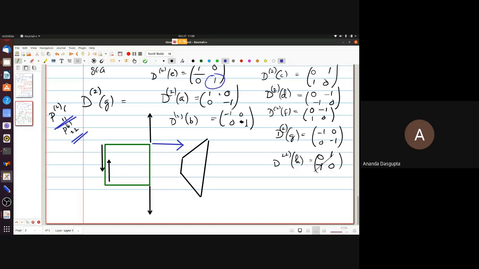D2E gives you this, D2A gives you this, right? D2B gives you this, and the only other non-zero element is D2G, which would have given you this but gives you this because of the minus sign. So you can see what have you got? You've got the other trapezoidal mode, right?